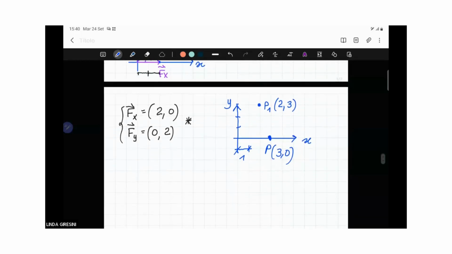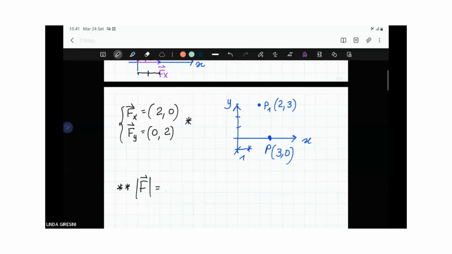So F, the magnitude, is the square root of Fx exponential 2, plus Fy exponential 2.